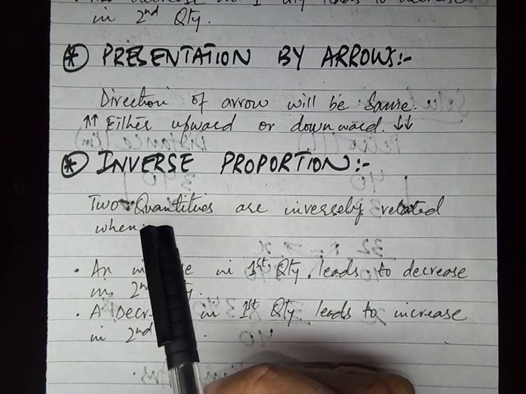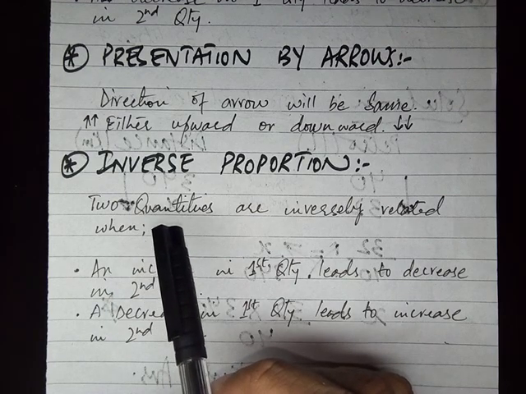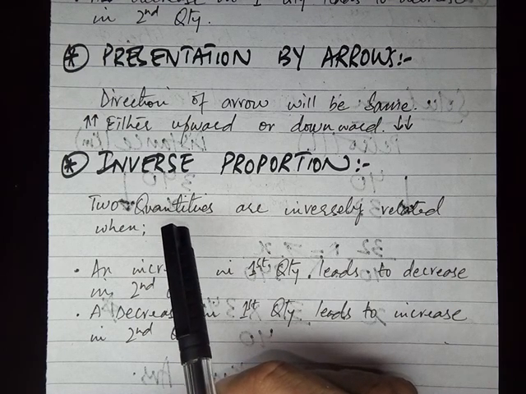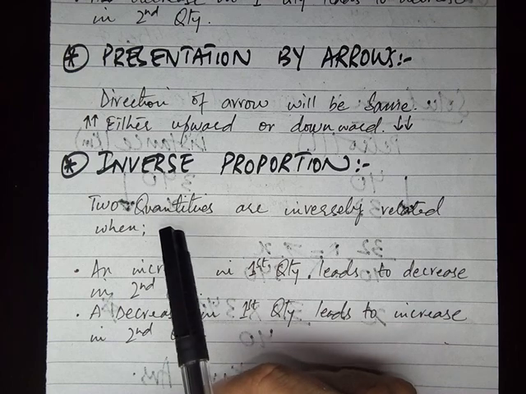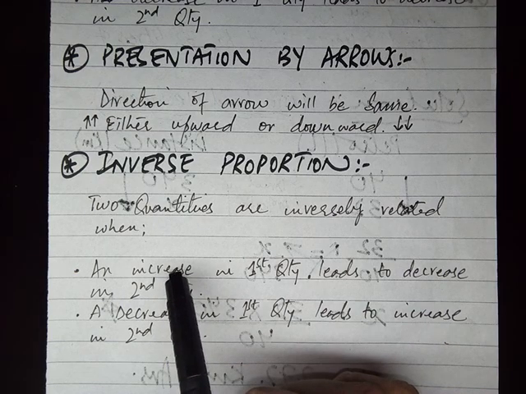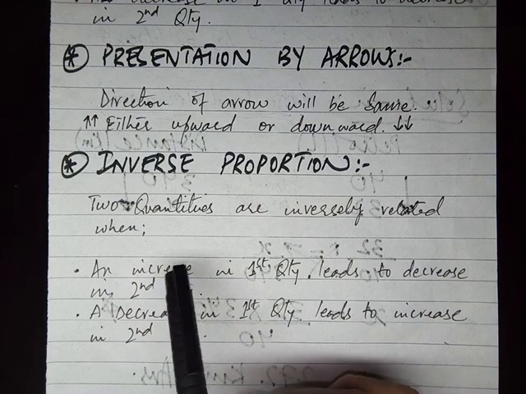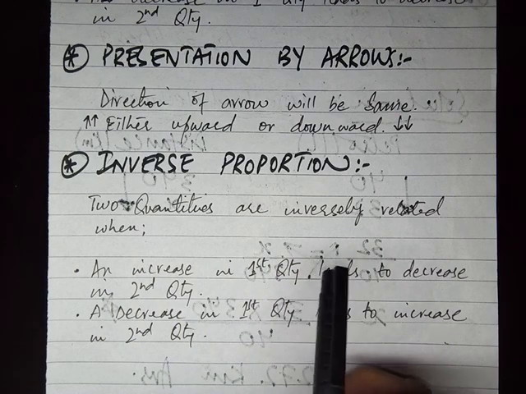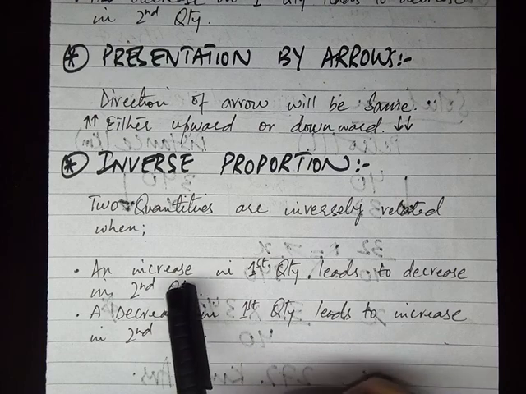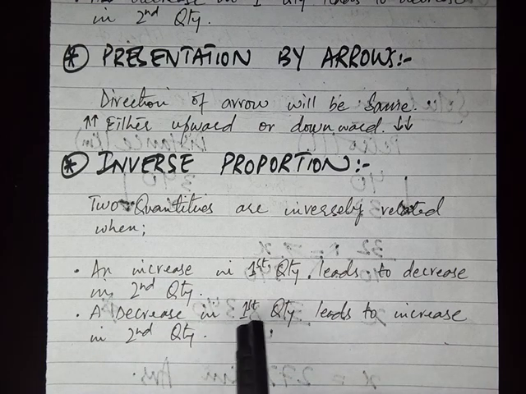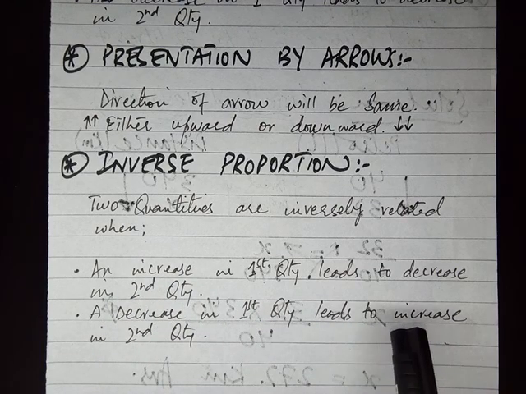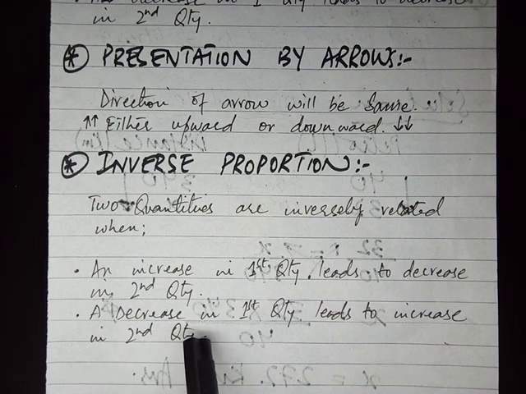So if the relationship between two quantities is inverse, the direction of the arrows will be opposite, because an increase in the first quantity leads to a decrease in the second quantity, or when there is a decrease in the first quantity, it will lead to an increase in the second quantity.